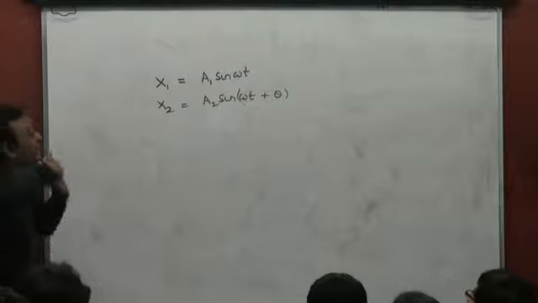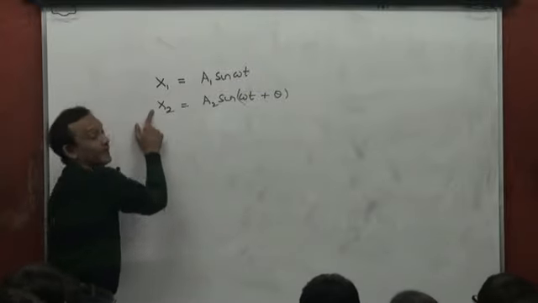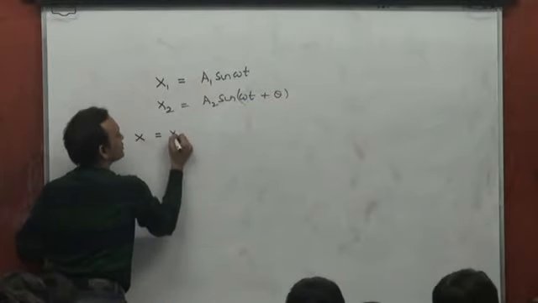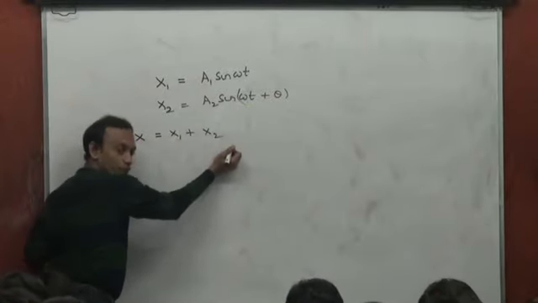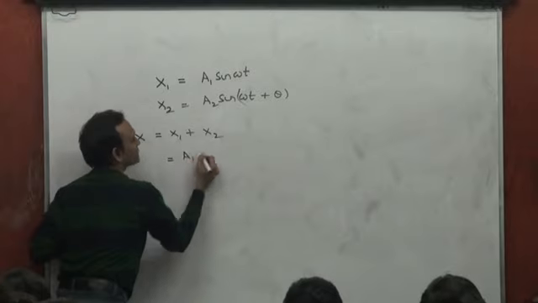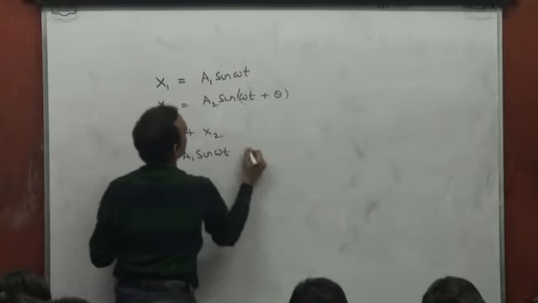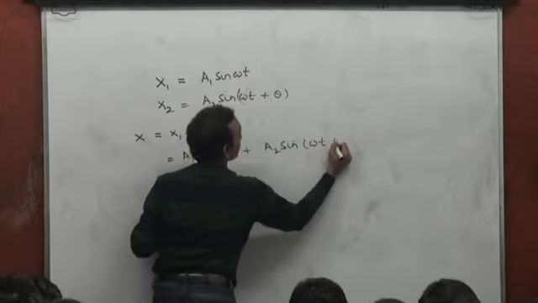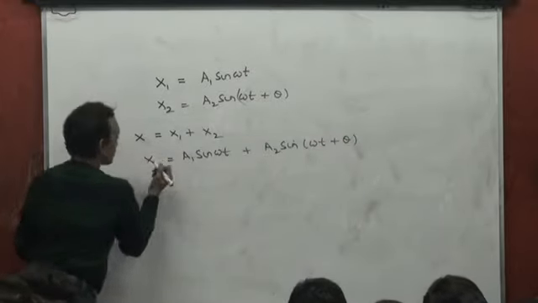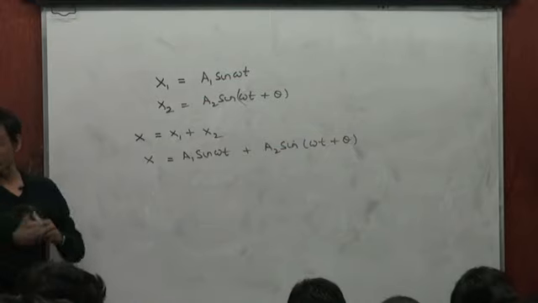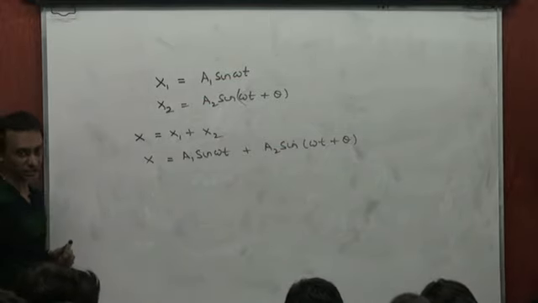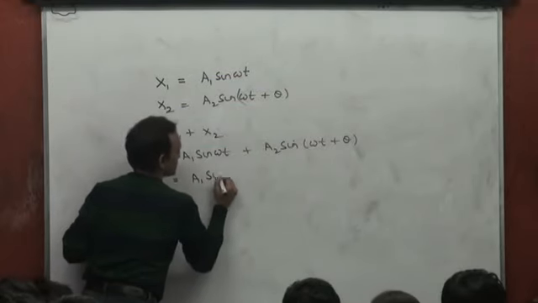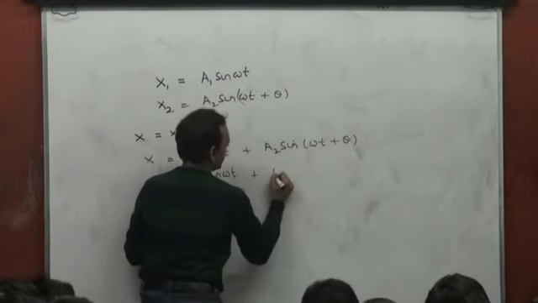Now the net x on the particle would be the algebraic sum of these two. So the net x on the particle is going to be x1 plus x2, which is a1 sine omega t plus a2 sine omega t plus theta. This would be the x on the particle because of this superimposition of two oscillations, which I could write as a1 sine omega t plus a2.